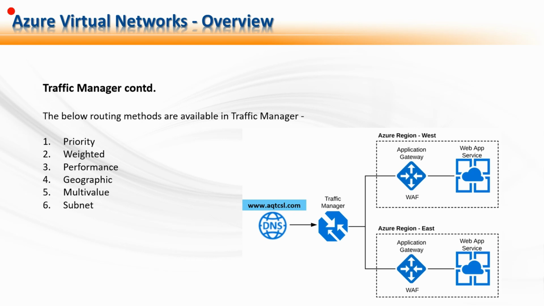It's not a name, rather it is the IP addresses. The final and last one is the subnet-based traffic routing method. We select the subnet traffic routing method to map a set of end-user IP addresses to a specific endpoint within a traffic manager profile. And those are the 6 traffic routing methods which are available in the traffic manager.